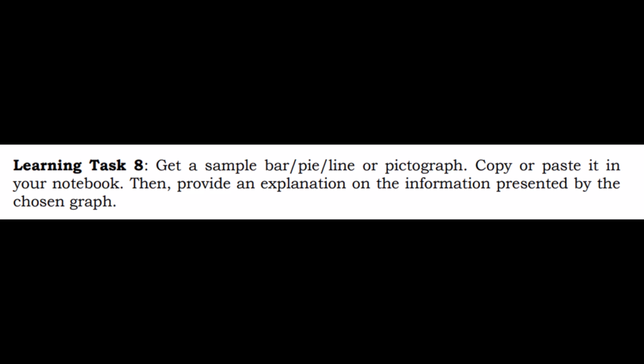Then provide an explanation on the information presented by the chosen graph. So it means you're going to write in a paragraph form all of the explanations. That is for learning task 8.